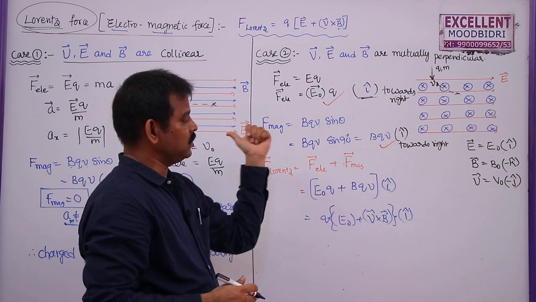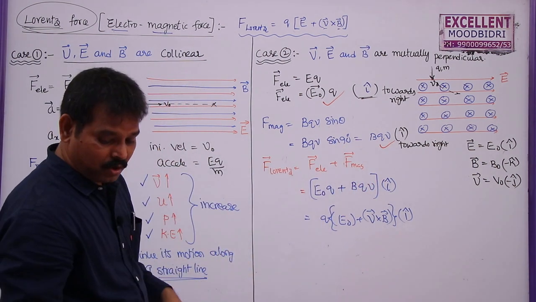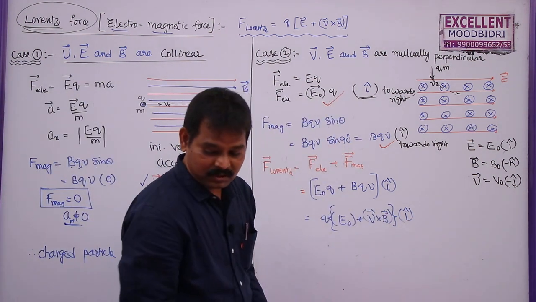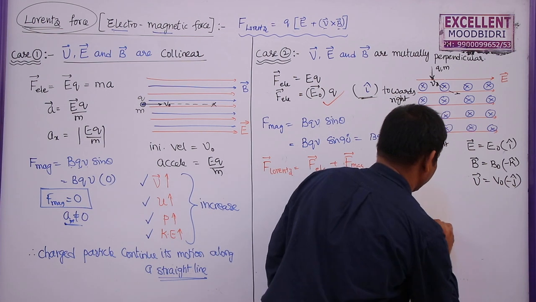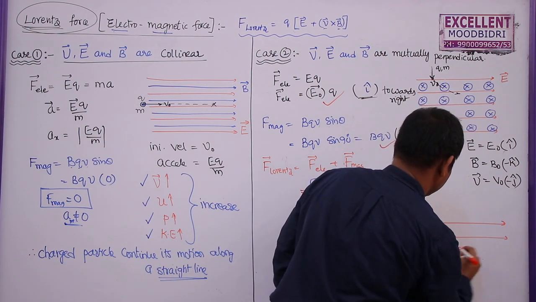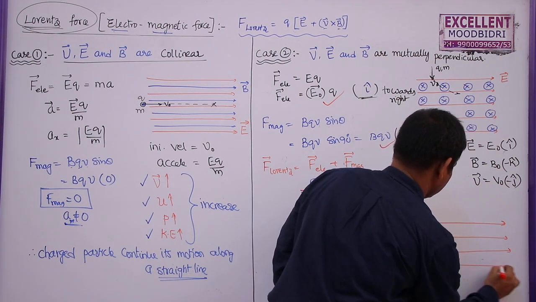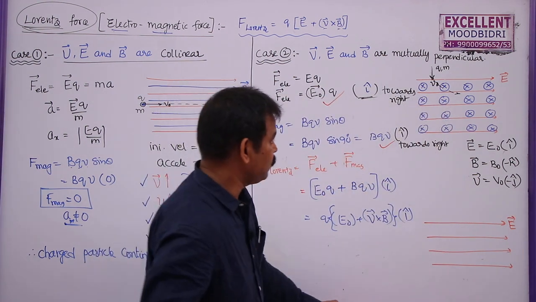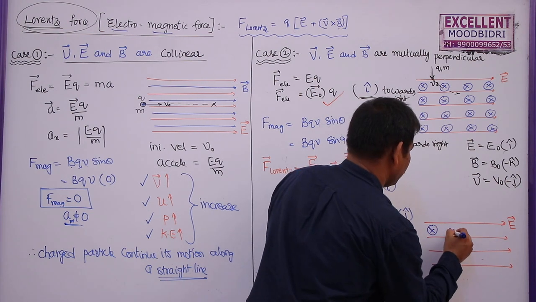Magnetic force will be towards left. So in that case, what will be the magnetic force here? Instead of this, so for the same diagram, I am just changing the direction of the charge. So this is the electric field, and the magnetic field is acting into the board only.